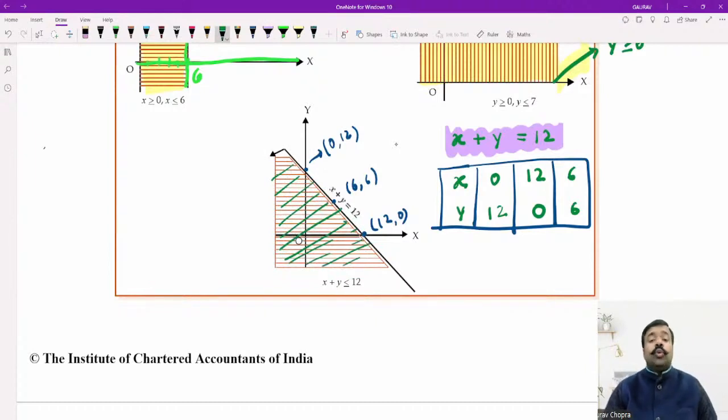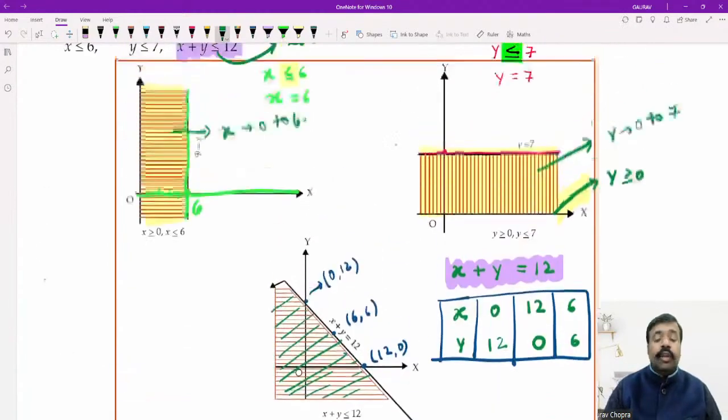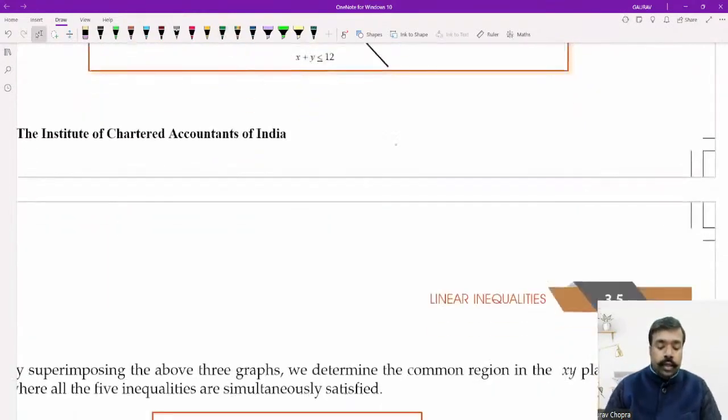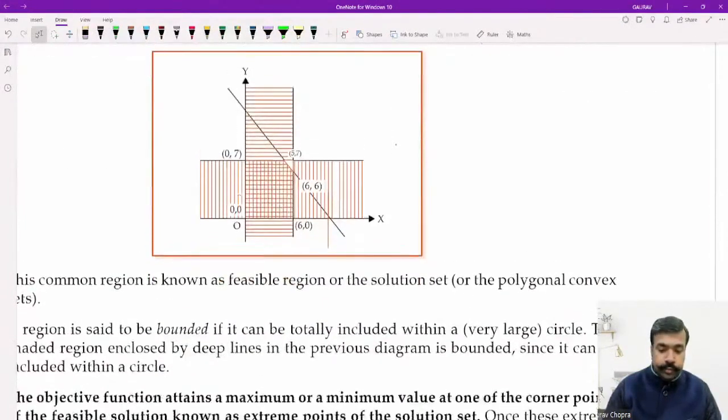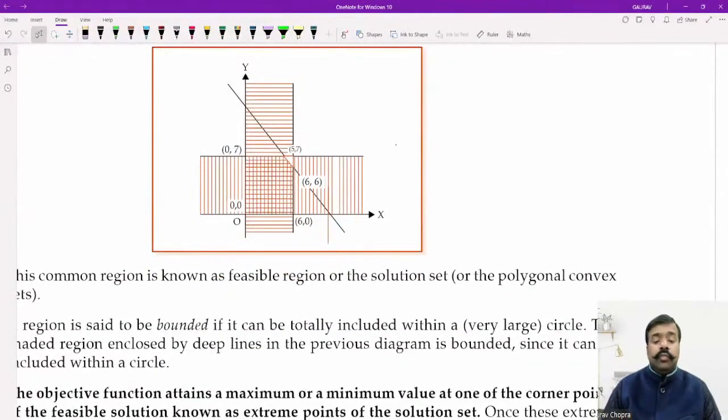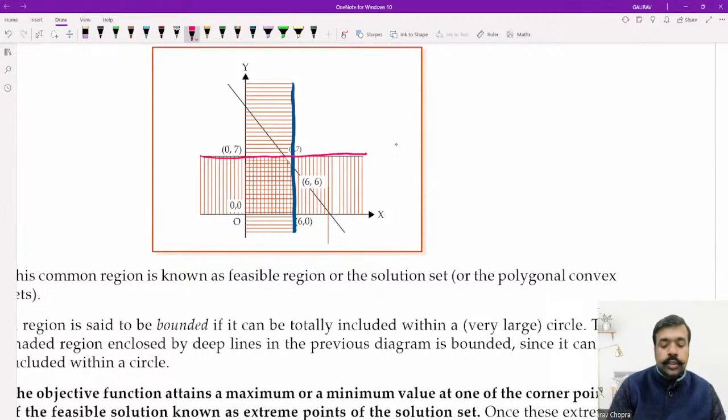Now what we have to do is combine all the equations in one single graph. So this is the graph where we are combining all the three, right? This one was x equal to 6, the first line. Then this was the second line where y is equal to 7.